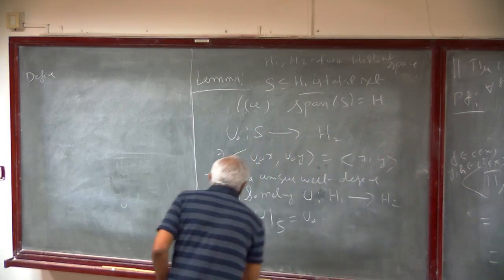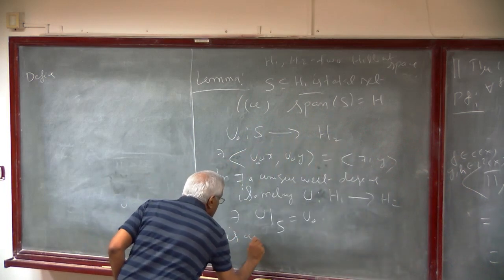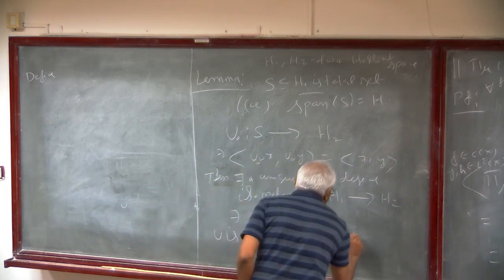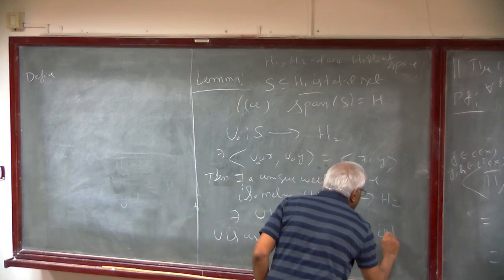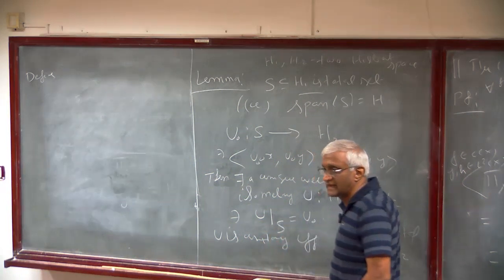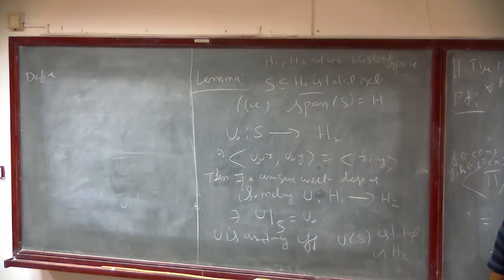And U is unitary if and only if U of S is total in H2, which is clear, of course. It has to be onto, so it's total in H2. This is an assignment.